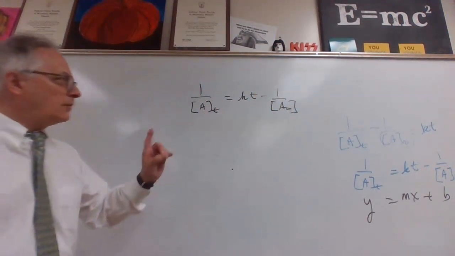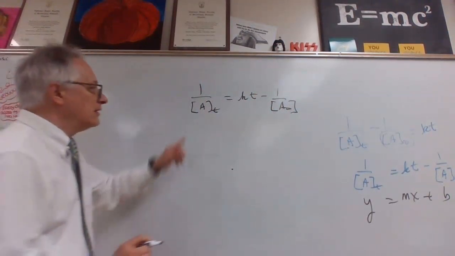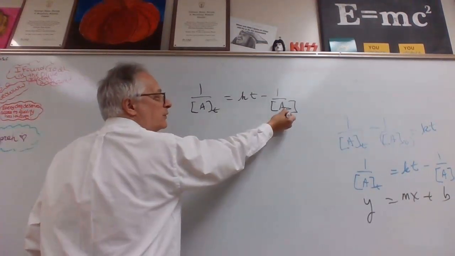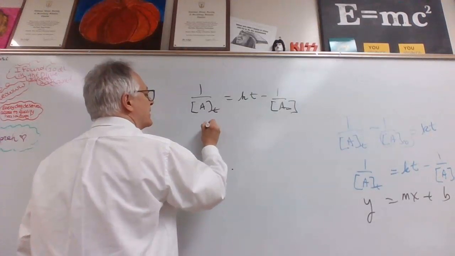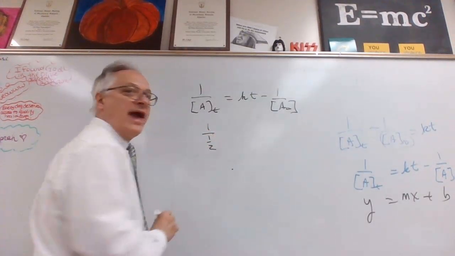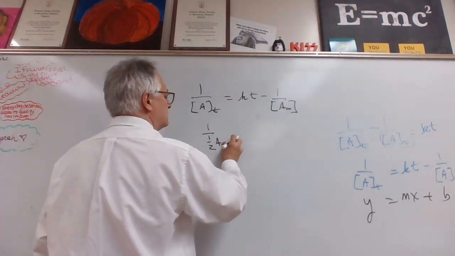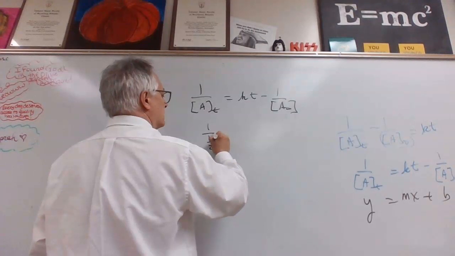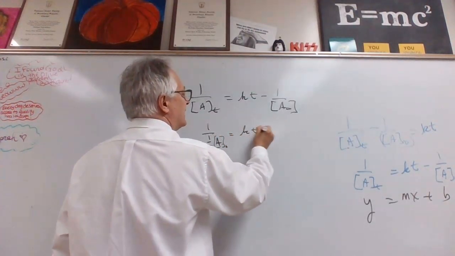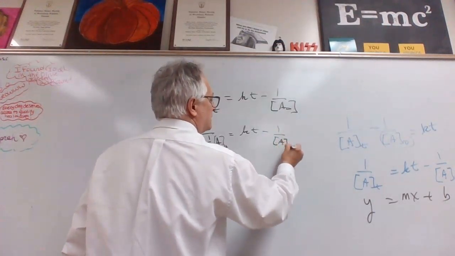Now, what's interesting is to solve this for half-life, my concentration here would be half of what the concentration is here. So I'd have 1 over 1/2 a0 is equal to kt plus 1 over a0.